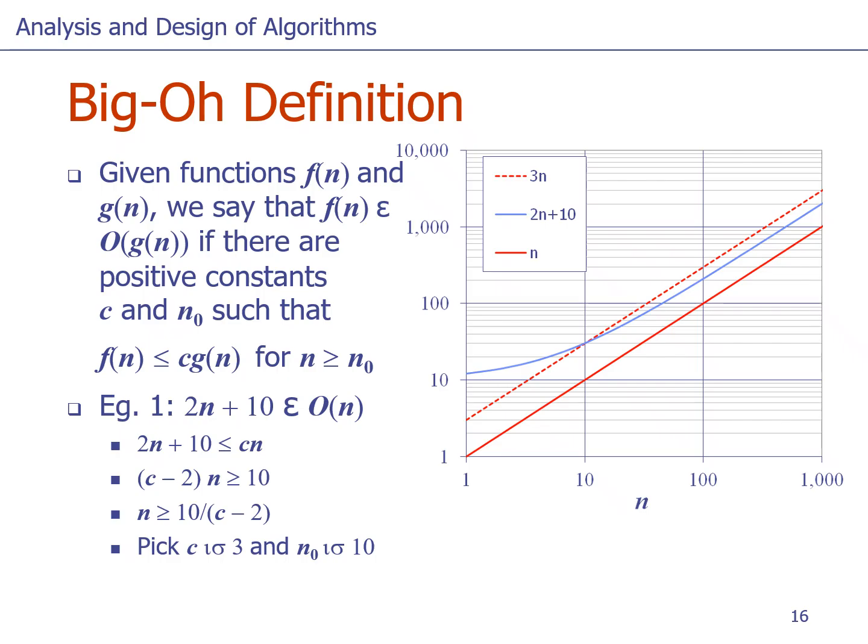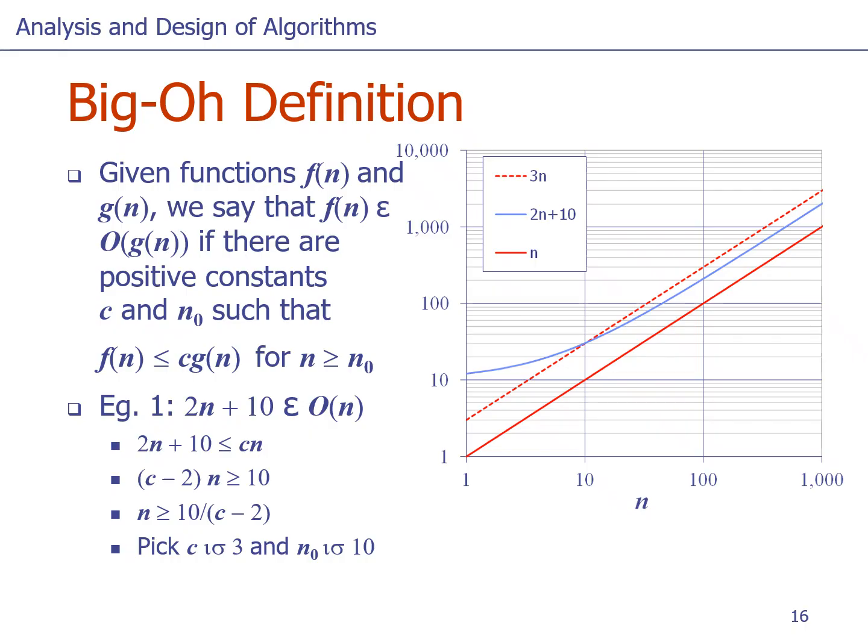As I said, we're going to talk about the family of curves that belong under the same label as just one. So 5 log n and log n is just log n. Log n plus 7 is just log n. Now the same thing here. Really, if I am going to be accurate, and we're not going to be accurate in that respect, I should say 2n plus 10 is in O of 3n, which means it will never be worse than 3n, and that's what you see in the graph.